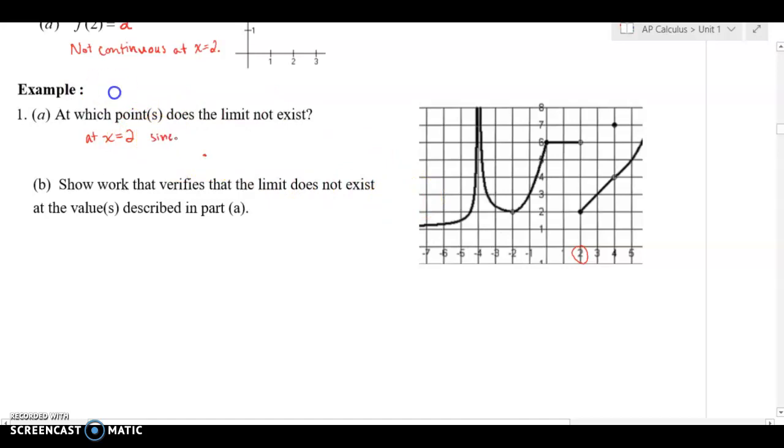Since the limit of f of x as x approaches 2 from the left does not equal the limit of f of x as x approaches 2 from the right. Okay? Now, if it asks specifically what those limits are, then you could say from the left it's 6 and from the right it's 2. 6 is not equal to 2. Okay?